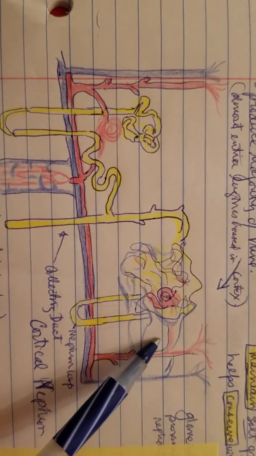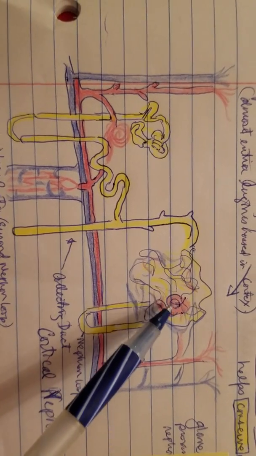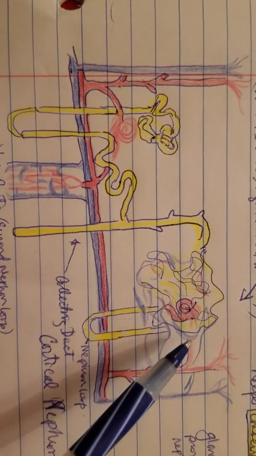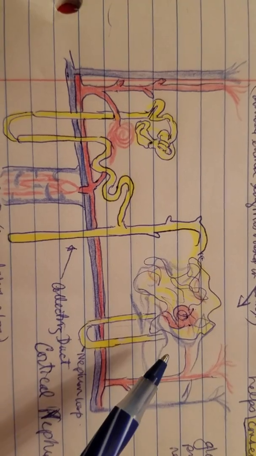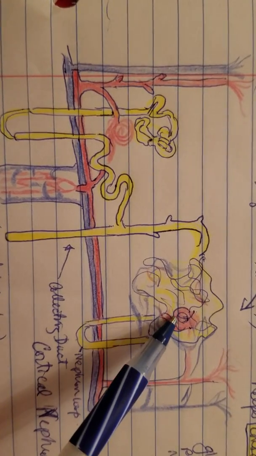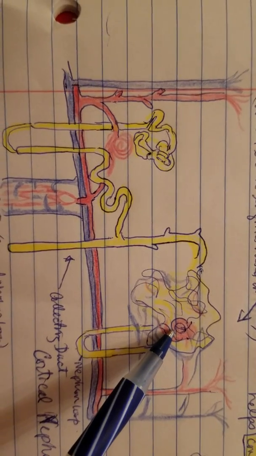But we're going to talk more about the cortical one because 85% of the cortical nephrons produce the urine.